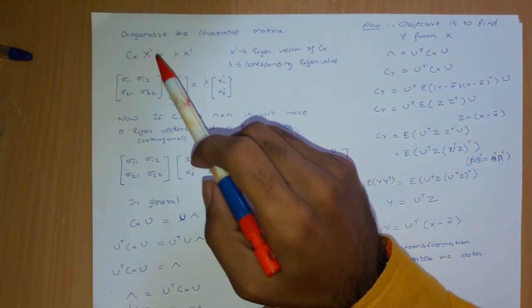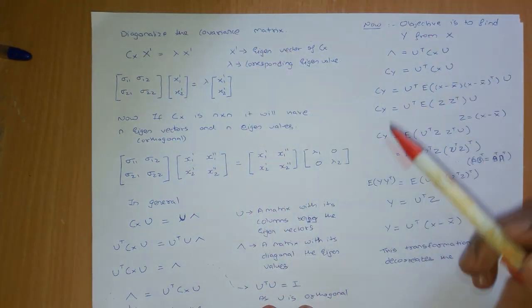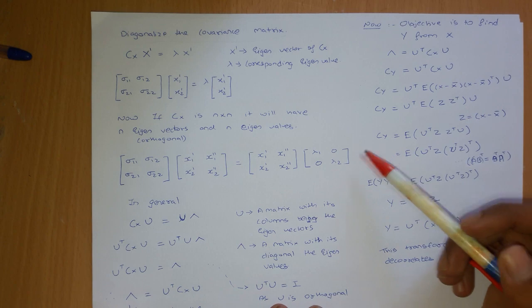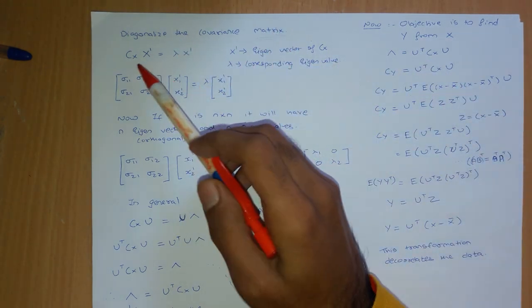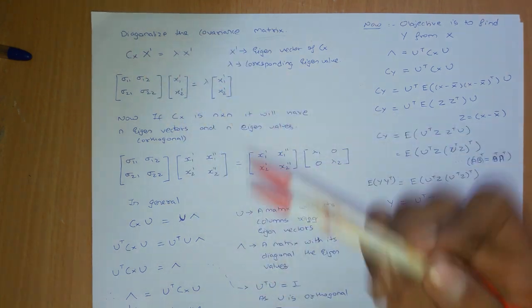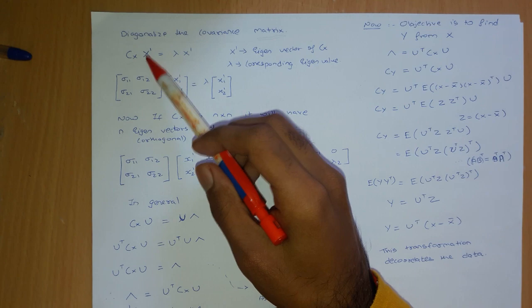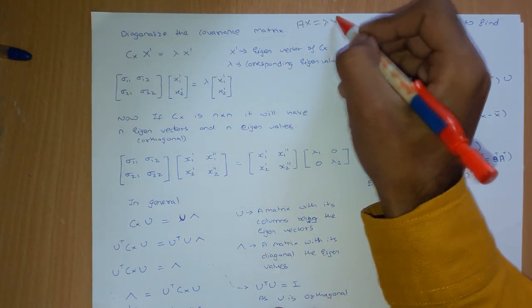For that, we'll diagonalize the covariance matrix. This is a very good term in linear algebra. To diagonalize any matrix, we take its eigenvectors. The actual eigenvector equation is Ax equals lambda x.